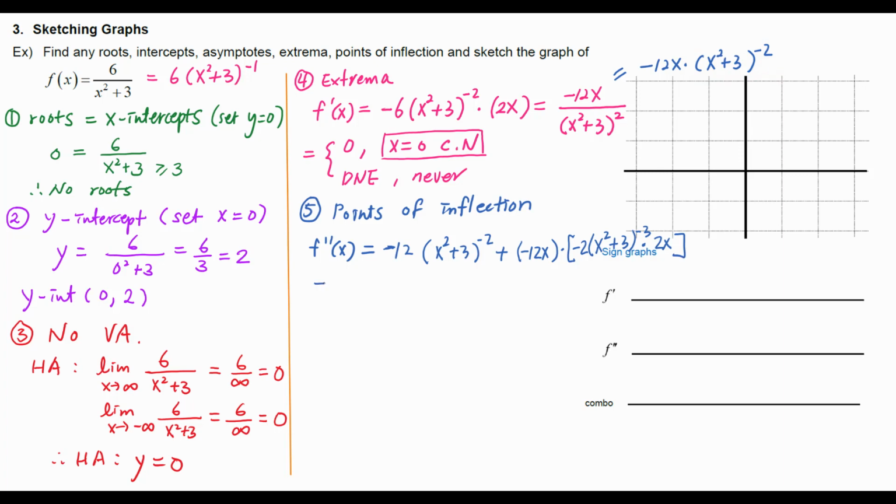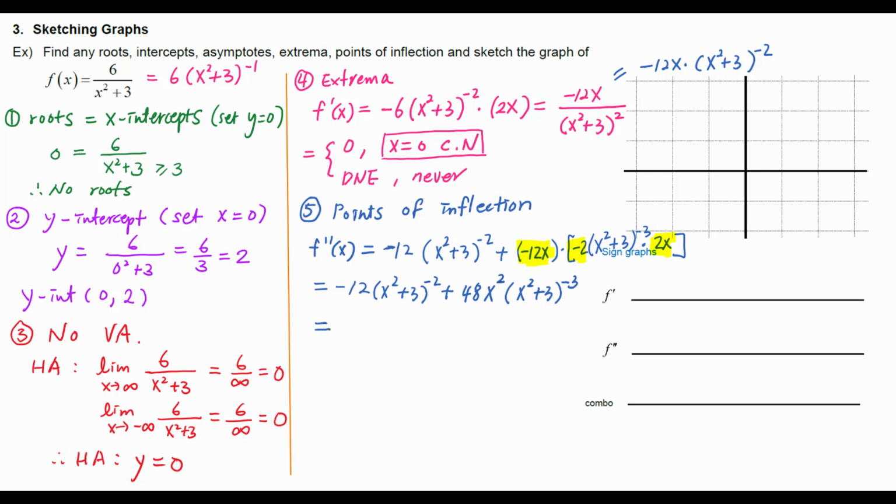So then this is equal to negative 12 times x squared plus 3 to the negative second power. And let's go ahead and multiply the negative 12x and negative 2 and positive 2x all together, which gives me positive 48x squared. And now I still have x squared plus 3 to the negative third power.